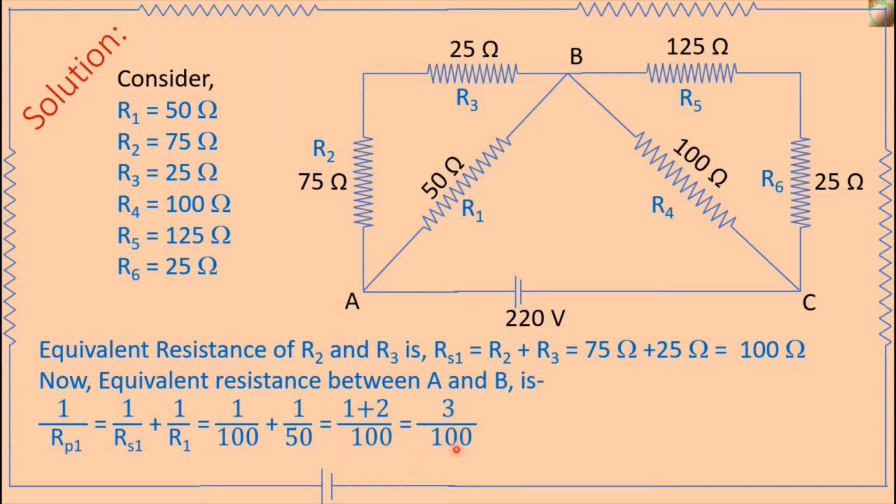That is 1 by Rp1 is equal to 3 divided by 100. Therefore, Rp1 is equal to 100 divided by 3, and after calculation, Rp1 is equal to 33.33 ohm. This is the equivalent resistance between A point and B point. That is, the equivalent resistance of these three resistances is 33.33 ohm.